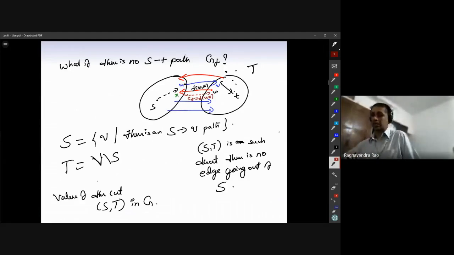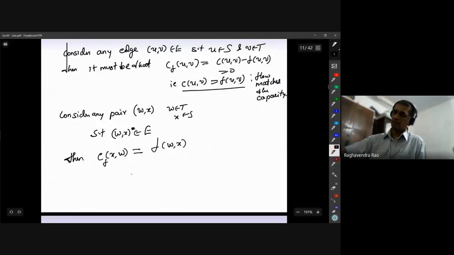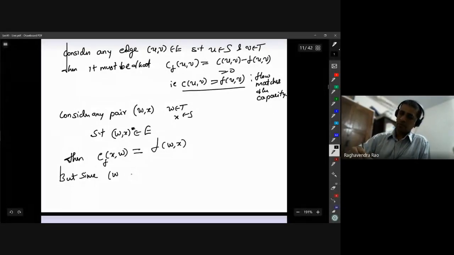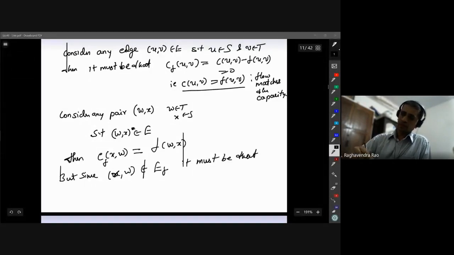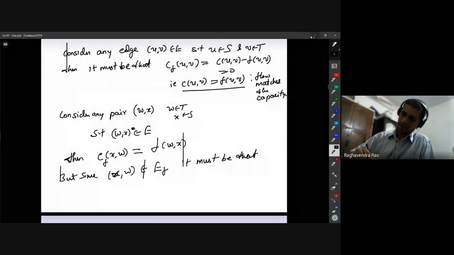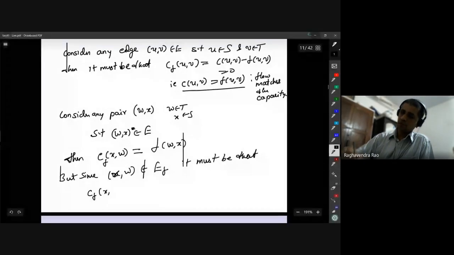But we know that such an edge does not exist in GF. Since XW is not in EF, it must be that CF of XW is 0, which must be equal to F of WX.